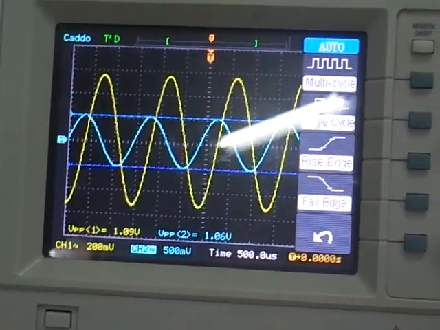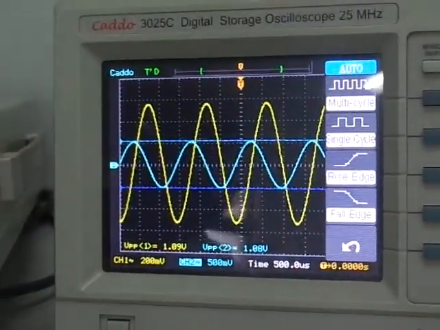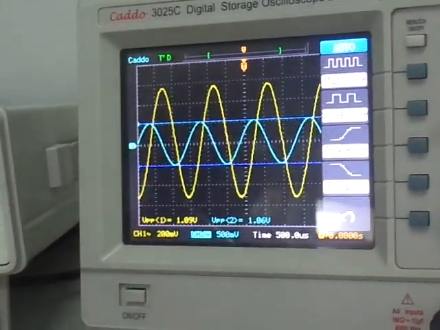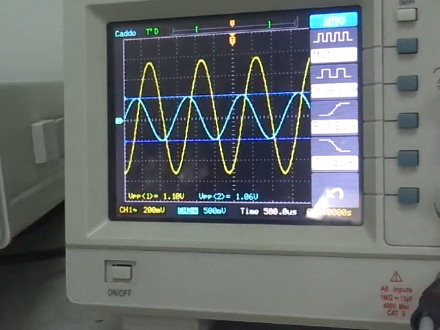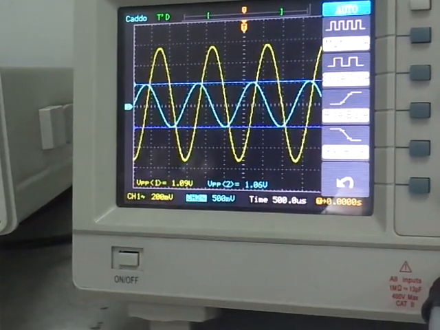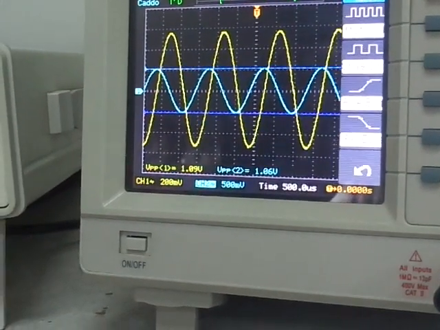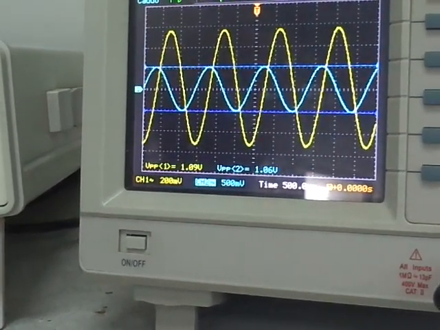That is, for a sine wave input signal we are getting a cosine as the output, and the output is minus RFC1 into d by dt of Vin, so we are getting a negative value. That's why we have obtained the differentiation of the input signal, that is, the sine wave signal is converted into a cosine wave, and the equation which we have discussed here is obtained.